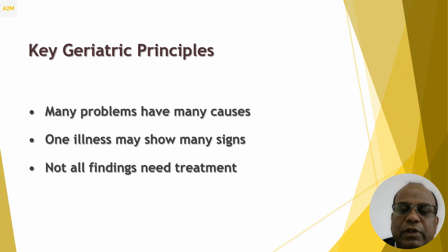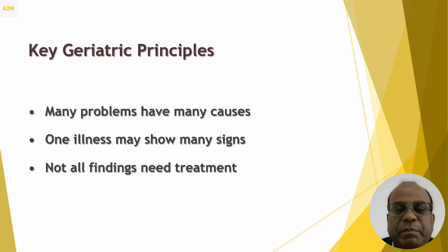And the other rule is that many chronic conditions and geriatric syndromes happen all together. For example, frailty, falls, memory loss, and incontinence often occur in the same person. So we should manage them together, not separately.